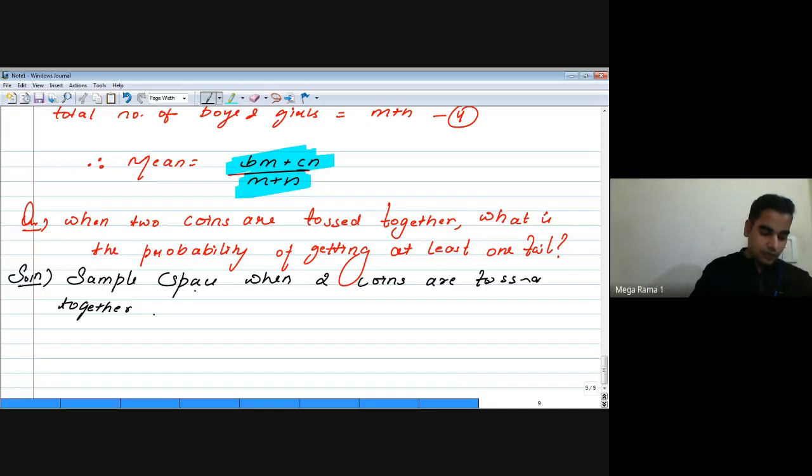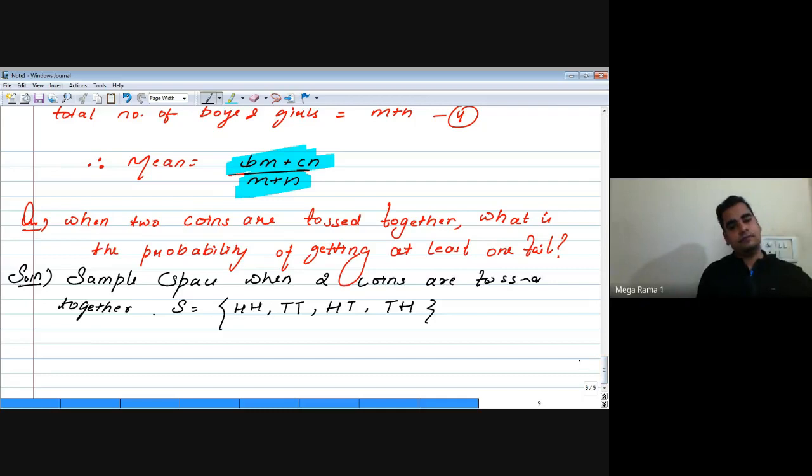Sample space when two coins are tossed together. So these are the values that you will get. You can get head, tail on both, you can get head on the first coin, tail on the second, tail on the first, head on the second coin.